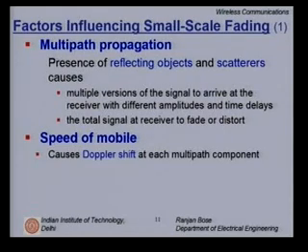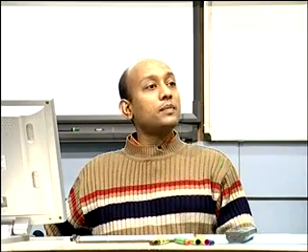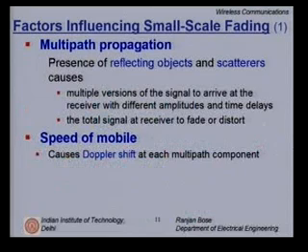As we will see, it is not important only to be moving towards or far away from the base station to cause Doppler shift. It also depends at what angle you are with respect to the received radio wave. Now, since different multipath components arrive at the receiver at different angles, each one will undergo a different Doppler shift. Then they add up vectorially.